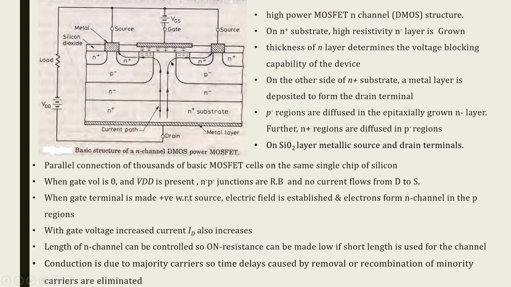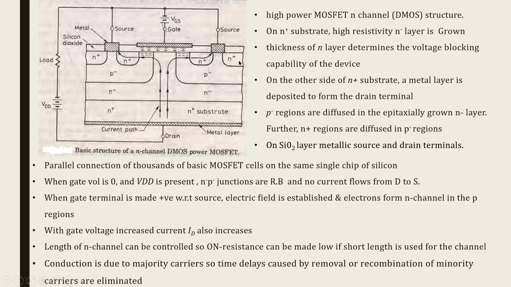Okay, and P minus regions are diffused in the epitaxially grown N layer. Here the lightly doped N layer is there. On top of that the P minus region is formed. Okay, on top of that, heavily doped N plus layers are also grown here. You see here, N plus layers are diffused in the P minus region.